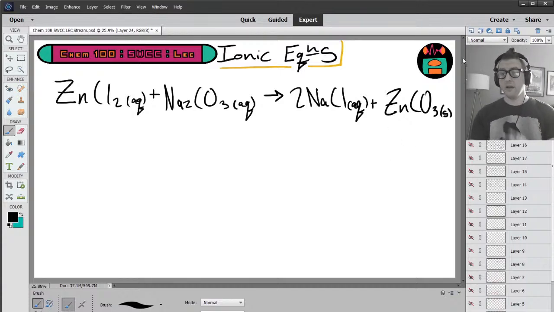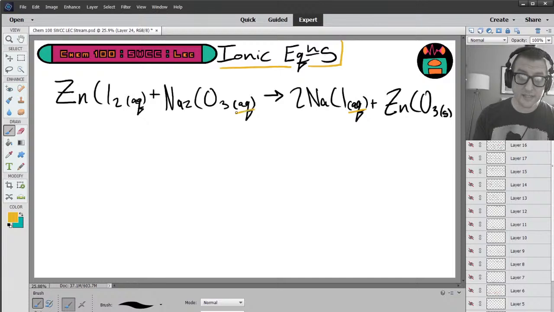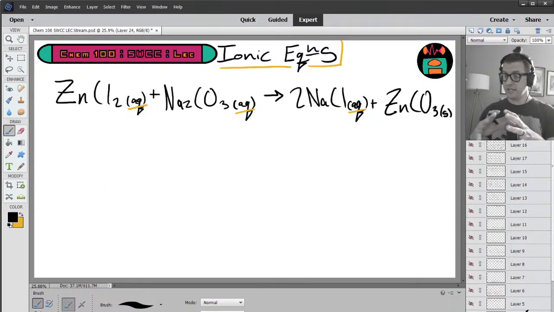All right. First step, we write the total ionic equation. We are going to identify every aqueous ionic compound in this reaction and separate them out into cation and anion, not pairs, individual cations and anions, because that's what it means to be dissolved in water if you're an ionic compound.